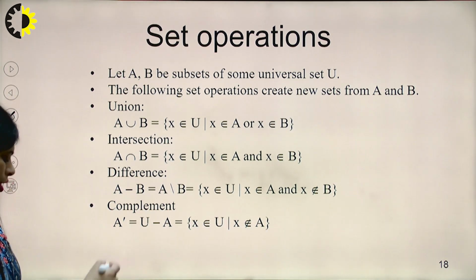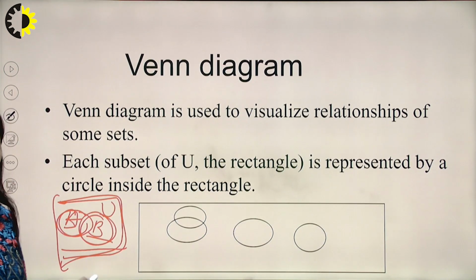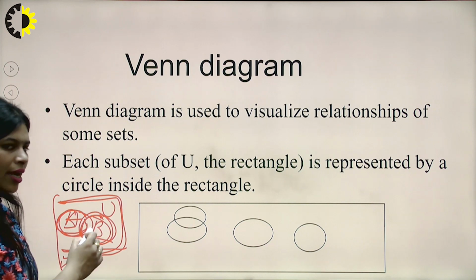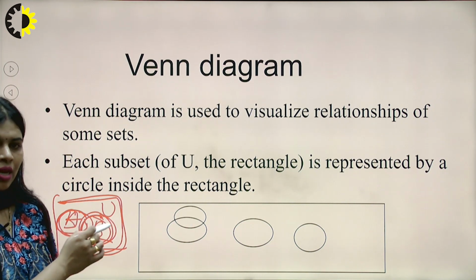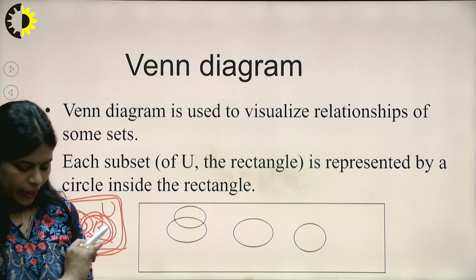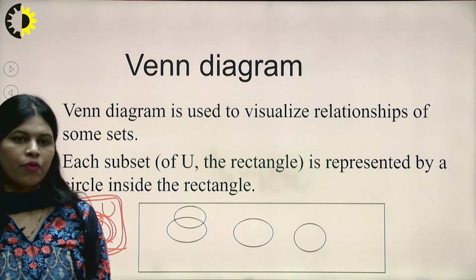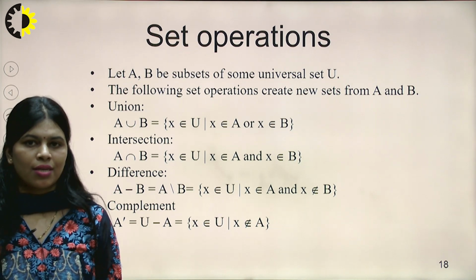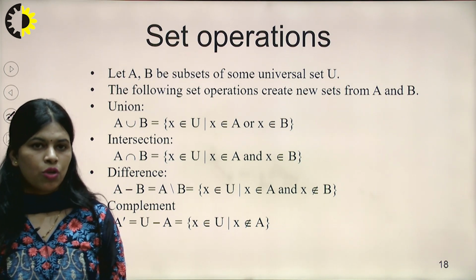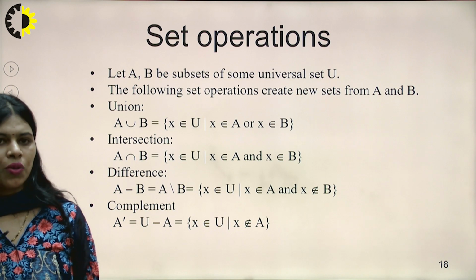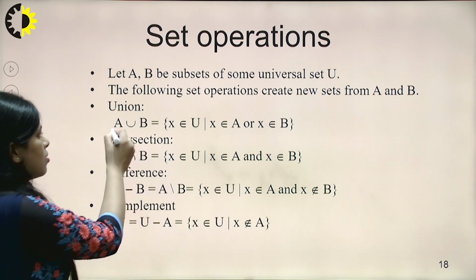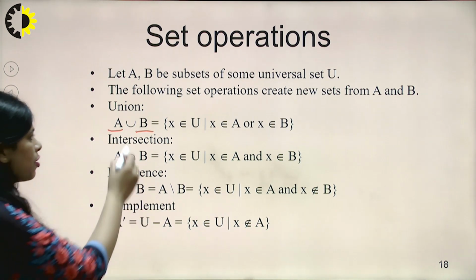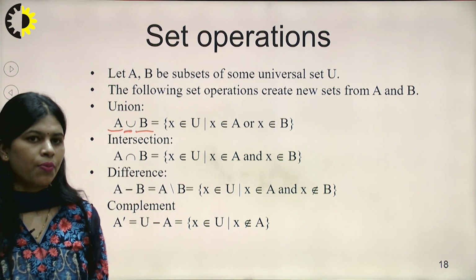As I told you earlier, A and B are two sets related to each other, and we represent the operation through a Venn diagram using the universal set. The following set operations create new sets from A and B. The first operation is union. What do you mean by union? Union assigns the relationship between A and B, and U is the representation of union.